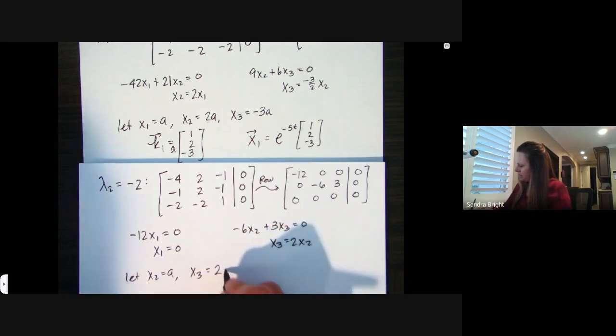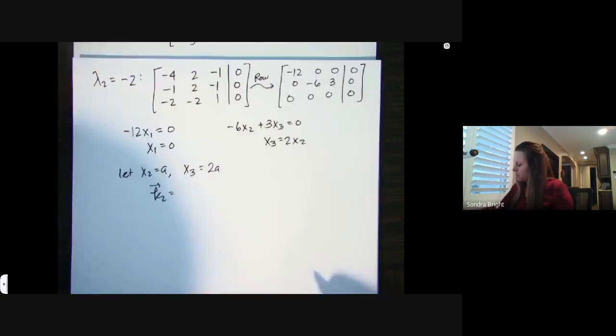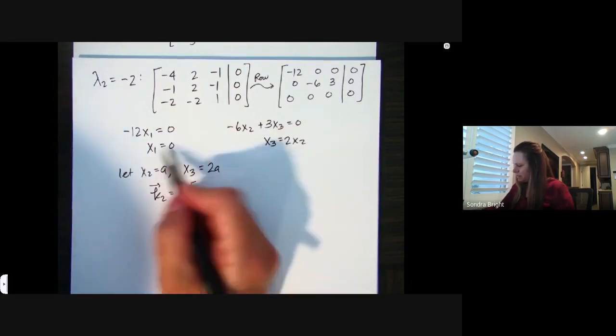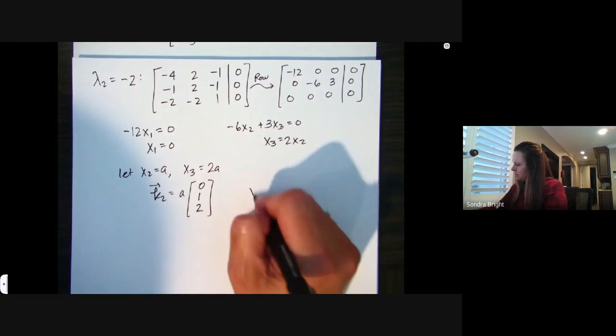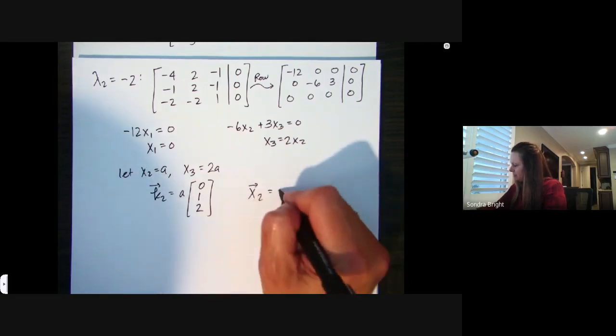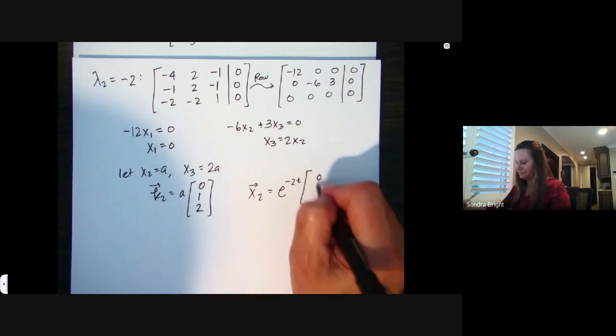And so your second eigenvector is going to be a times 0, 1, 2. So that means your second solution is e to the negative 2t times 0, 1, 2.